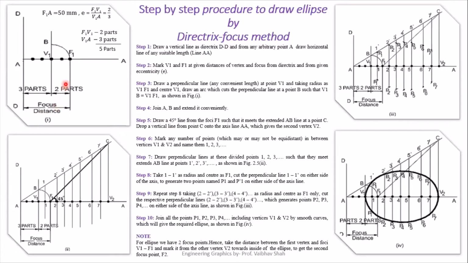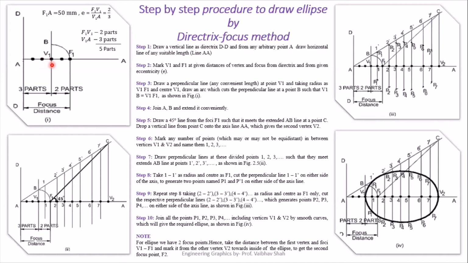Now, the eccentricity is given, which is 2 by 3. Let us remember the definition of eccentricity. It is the ratio of the distance of a point from a fixed point, that means a focus point or focal point, upon the distance of that same point from your Directrix, which is constant and less than 1. Here let us take the point of the ellipse as your vertex point V1.